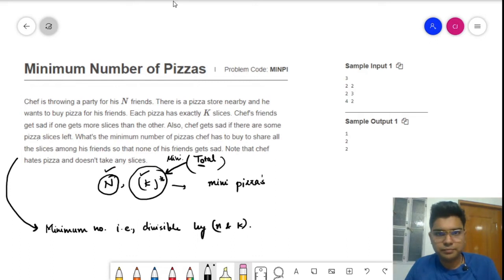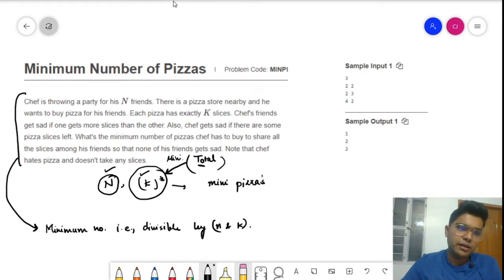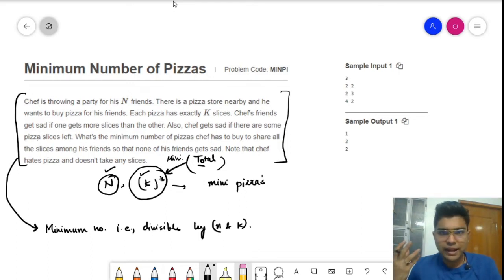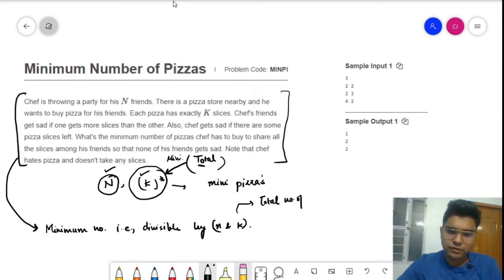With our observations, we have arrived at the simplified version of this whole problem statement: we need to find the minimum number that is divisible by n and k. That will give us the total number of pizza slices that is required. That's how we simplify the problem statement.